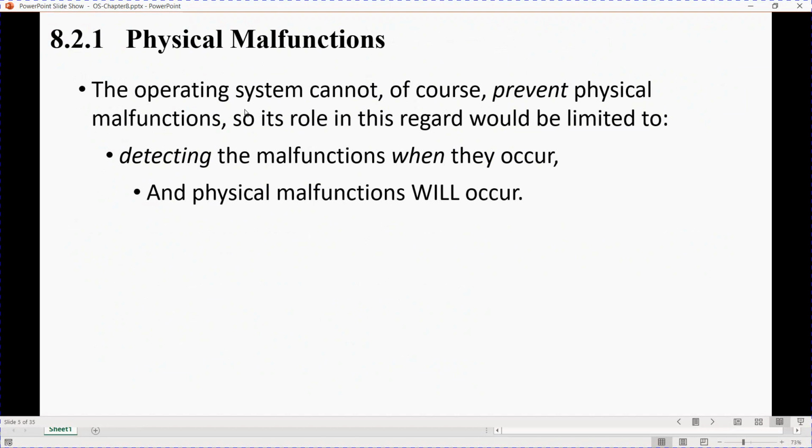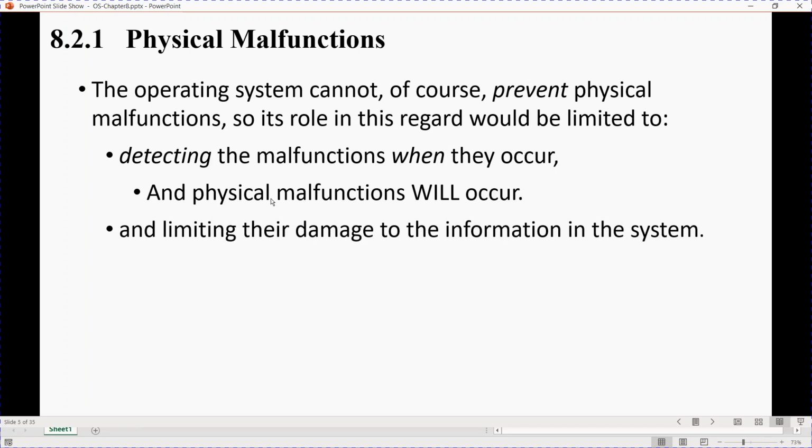Of course, the operating system can't prevent physical malfunctions, so its role is going to be limited to the detection of malfunctions when they occur, and physical malfunctions will occur, and limiting their damage to the information in the system.